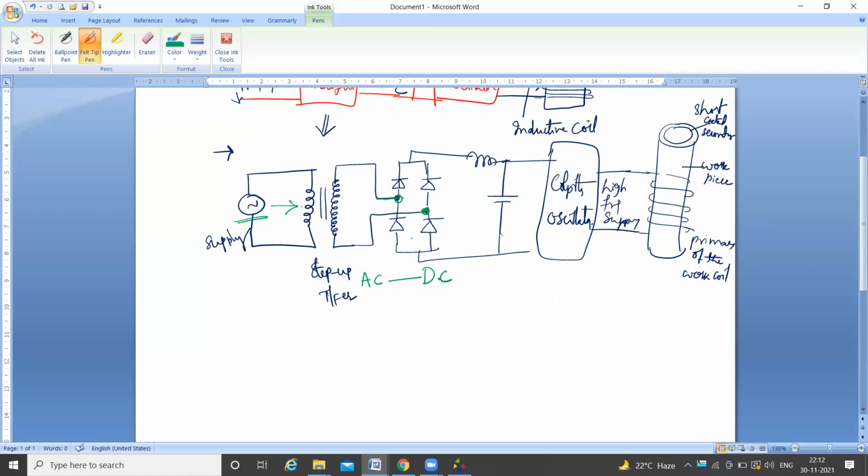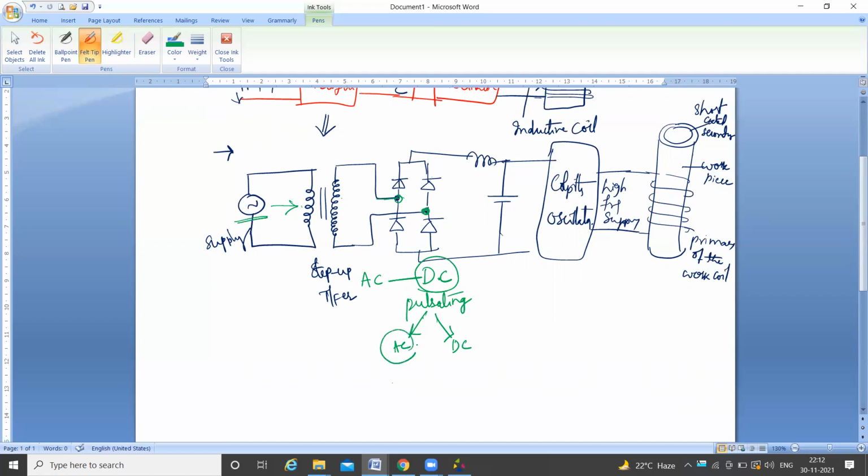And this bridge rectifier converts the AC signal into a pulsating DC signal, consisting of some AC ripples as well as DC. That's why it is a pulsating DC signal.